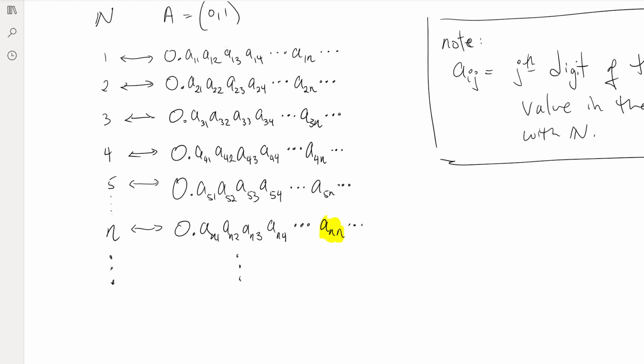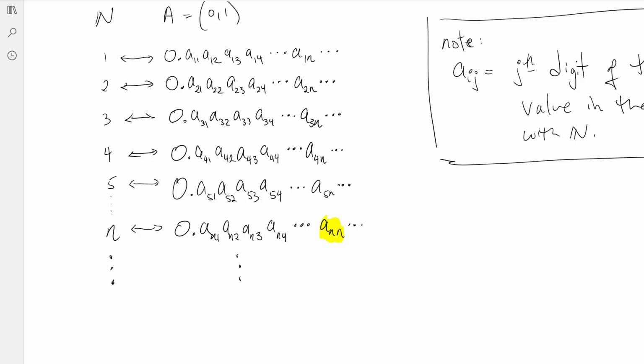So what I'll do now is I will demonstrate that there actually is a value that can't be on this list, even though this is an infinite list. There's a real number in the set A that isn't on the list. In other words, it's impossible to make a one-to-one mapping from the natural numbers to A that is also surjective.